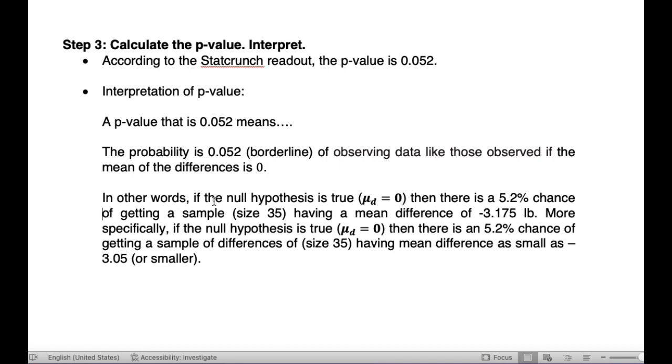In other words, if the null hypothesis is true, that means that mu sub d is 0, then there is a 5.2% chance of getting a sample of size 35 having a mean difference of about -3.05 pounds. More specifically, if the null hypothesis were true, then there is a 5.2% chance of getting a sample of differences of size 35 having a mean difference as small as -3.05 or smaller.